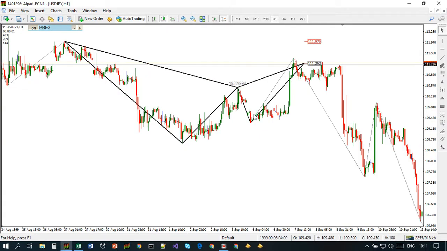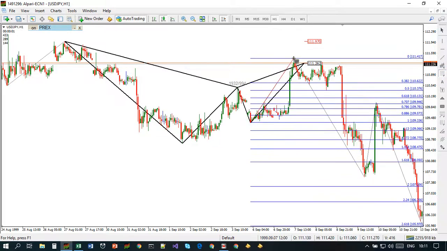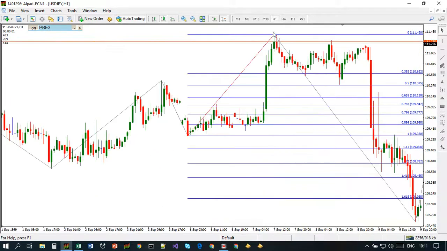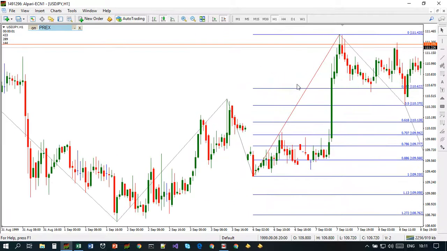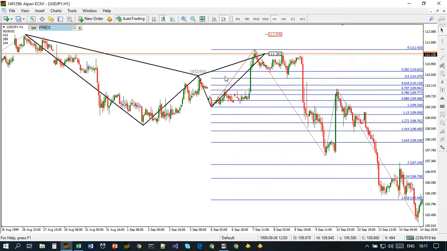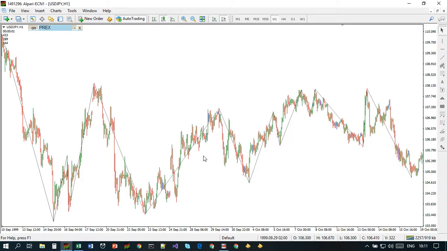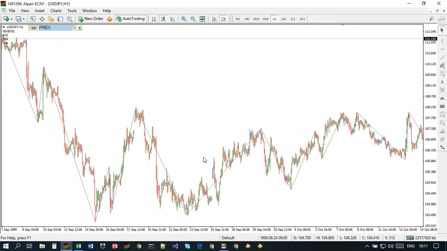Then this Gartley. Look at this price action. So we have a reversal started, but we failed to penetrate that, and that's why we do not enter. We missed this opportunity. We need to penetrate and then turn back. This was not a double bottom, double top entry.